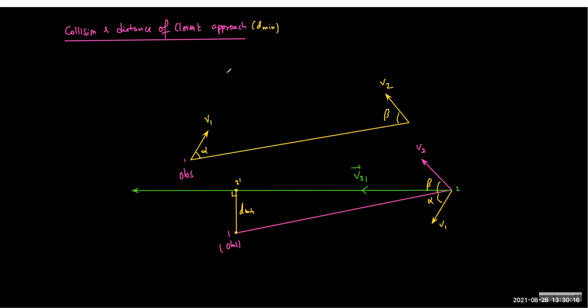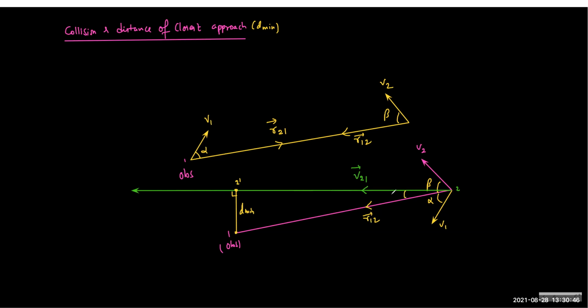So can we find the D minimum? Let's say we denote the position vector, so this arrow represents the position vector of 2 with respect to 1. We call it R12.